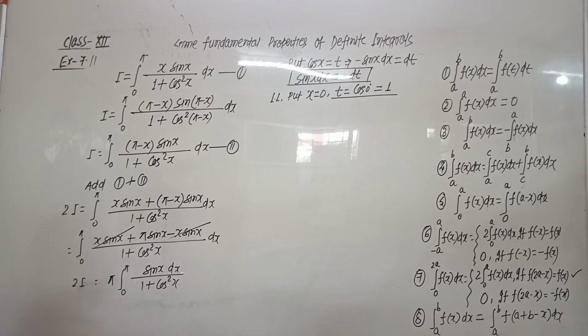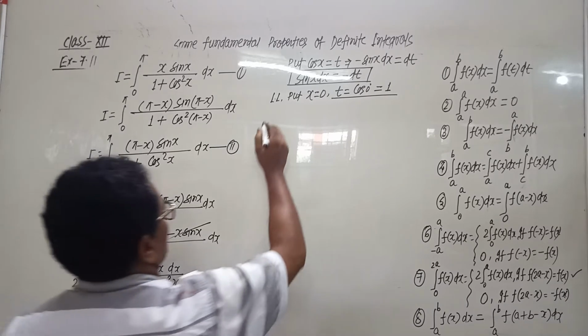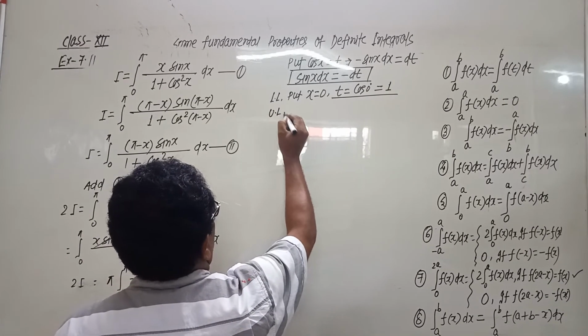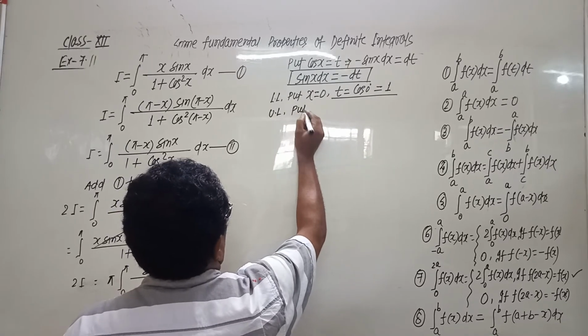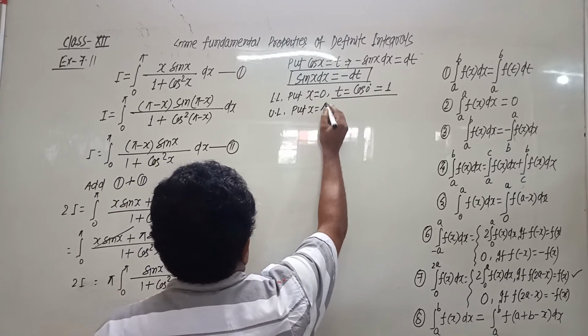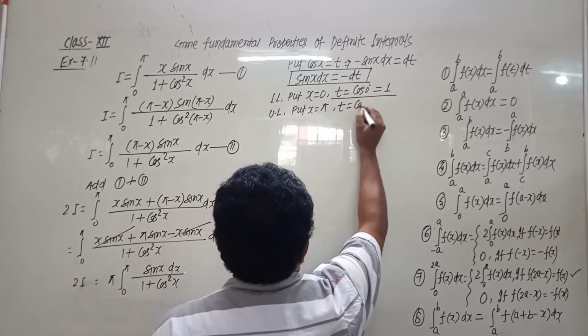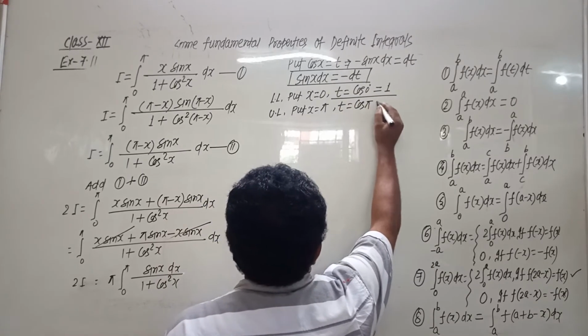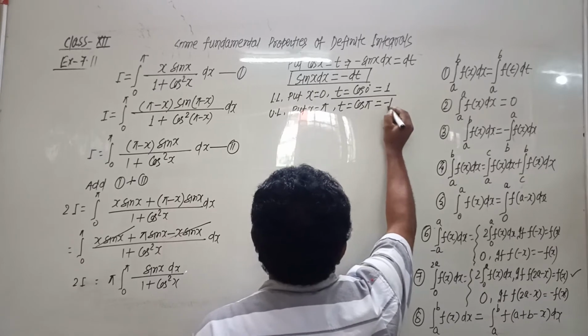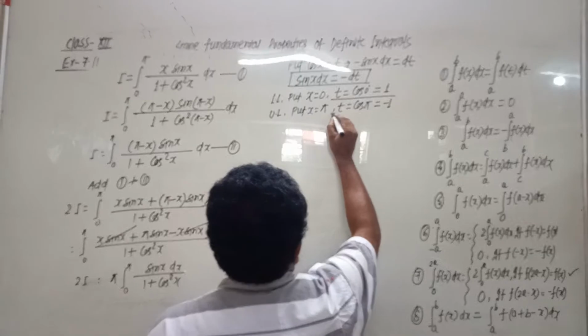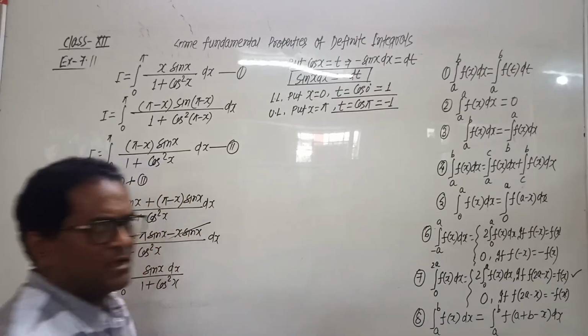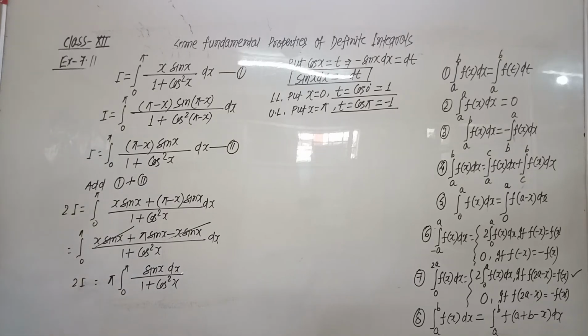Then for upper limit, we put x equals to pi. Then t equals to cos pi, and the value of cos pi is minus 1.